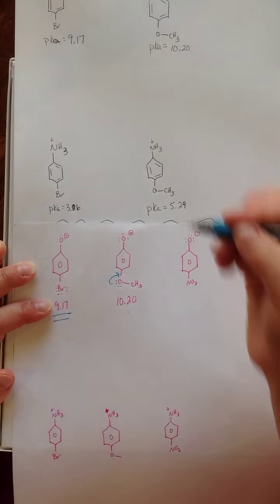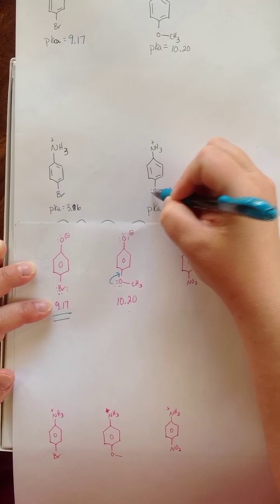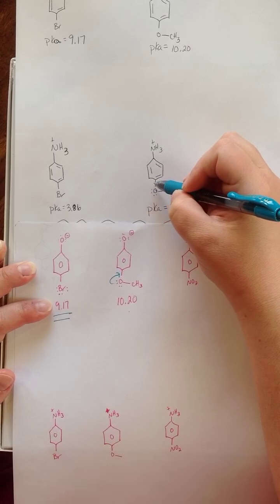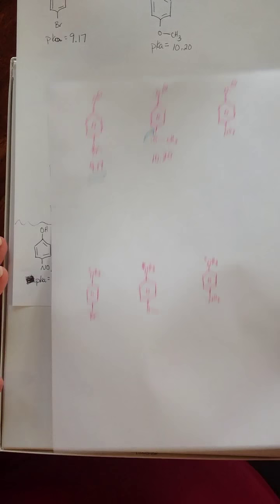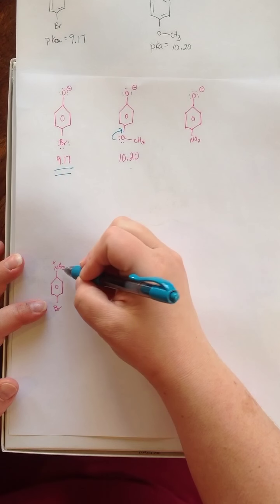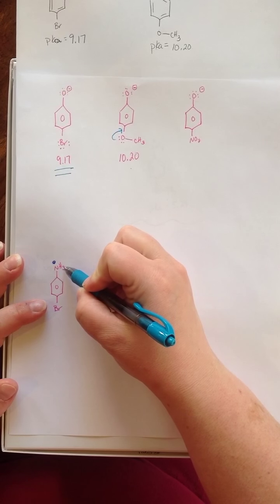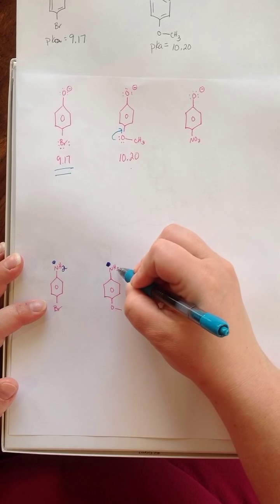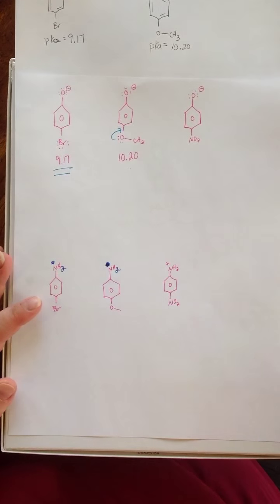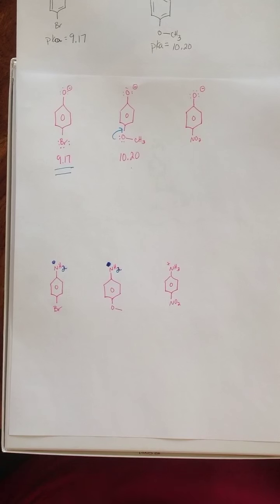Well, again, in this particular case, we've got electrons that are willing to go into the ring, but why is that a problem? Well, to really look at the acidity there, we've got to remove a proton and look at the conjugate base. So once we take off a proton, then we're going to look at what we've got at that point in time.